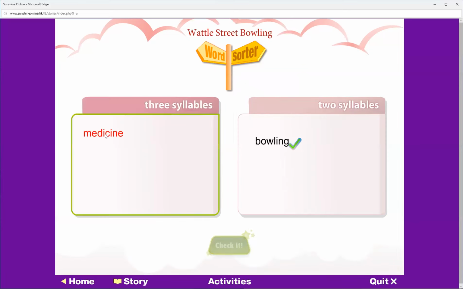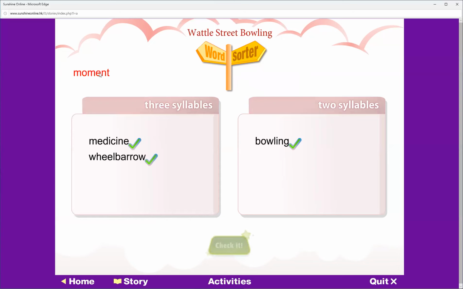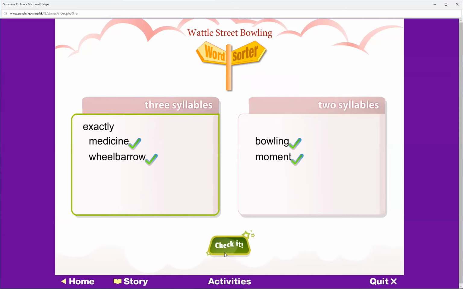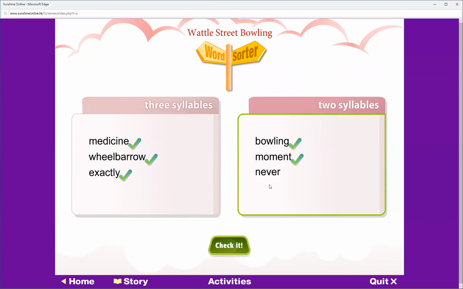Fantastic. Drag the next word. Well done. Drag the next word. Good try. This word goes in this box.